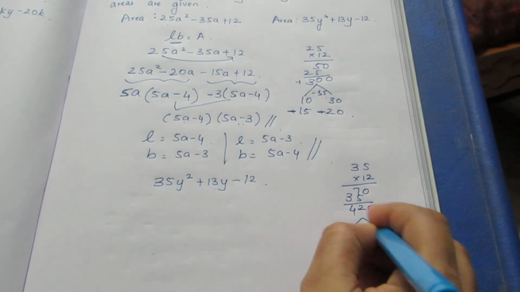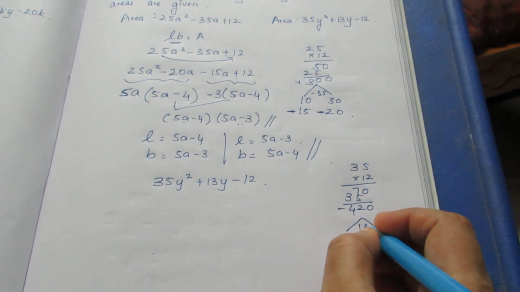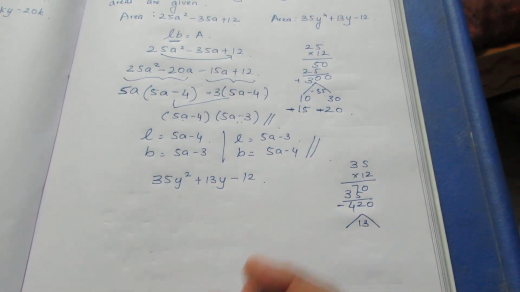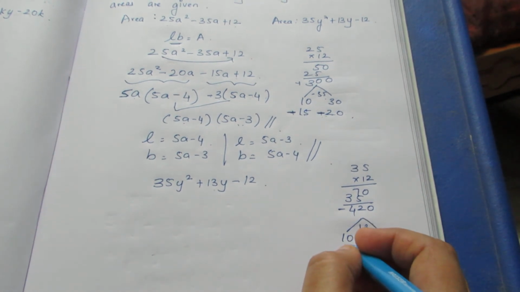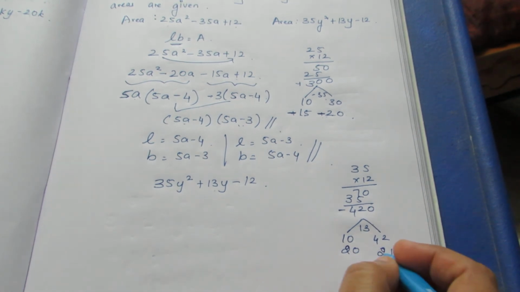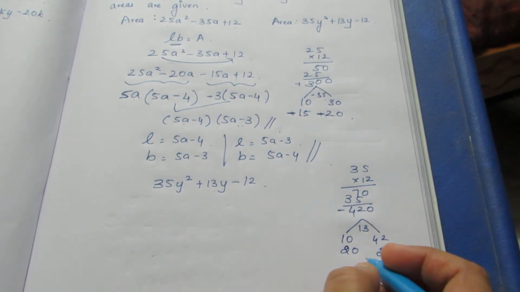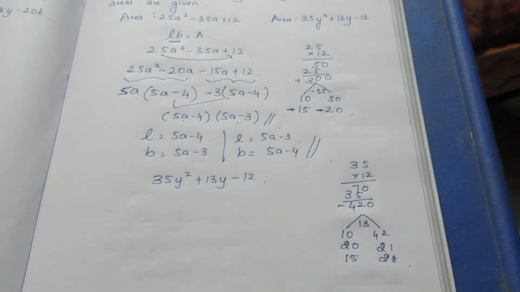I need two numbers which multiply to get 420, then subtract to get 13. The numbers can be 10 and 42, 20 and 21, no, because I need to subtract. So 15 and 28.